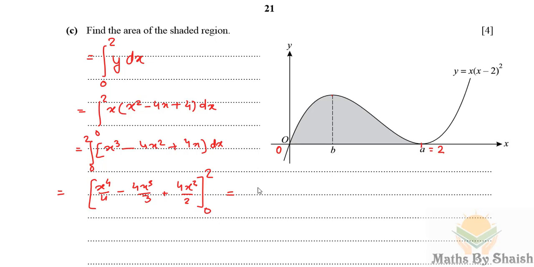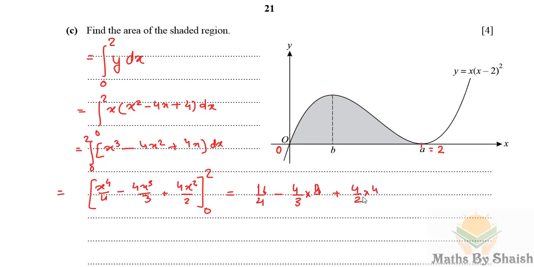So the upper limit of x is 2, so it is 2 raised to the power 4, which is 16 over 4, minus 4 over 3 into 2 cube, which is 8, plus 4 by 2 into 2 square, which is 4.